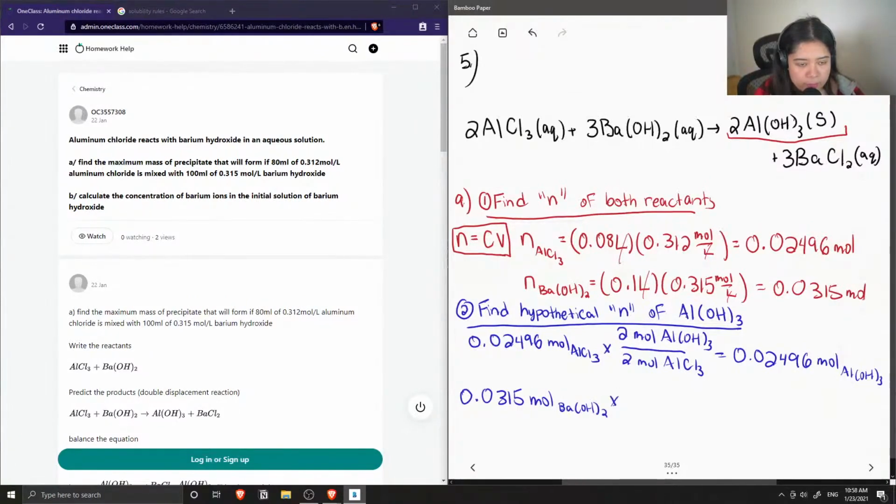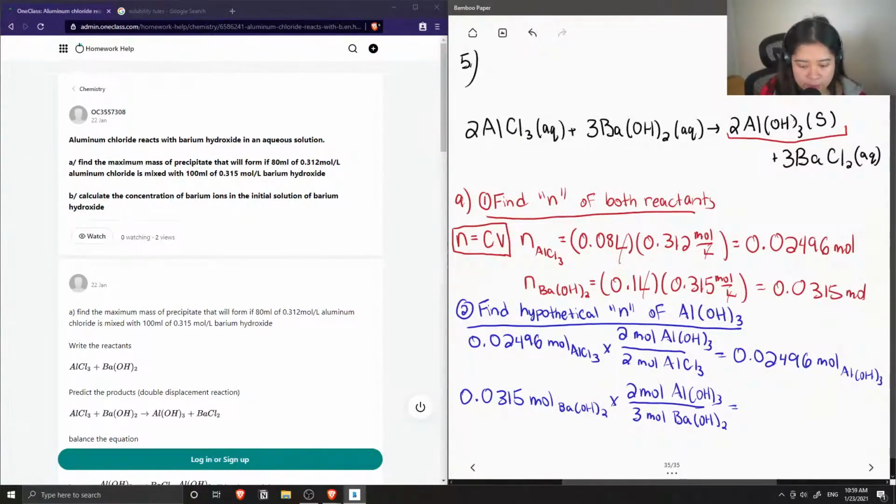And if we were to multiply it by its molar ratios, we know that 2 moles of aluminum hydroxide is formed when 3 moles of barium hydroxide reacts, and notice that they react at a 2 to 3 ratio.